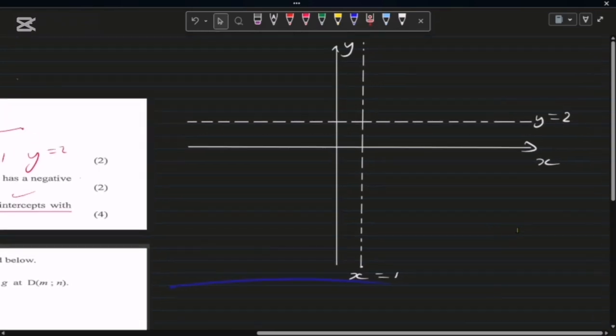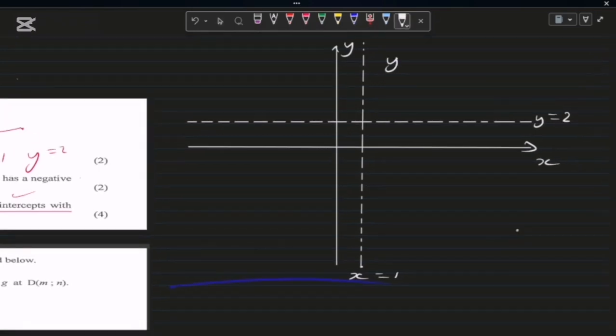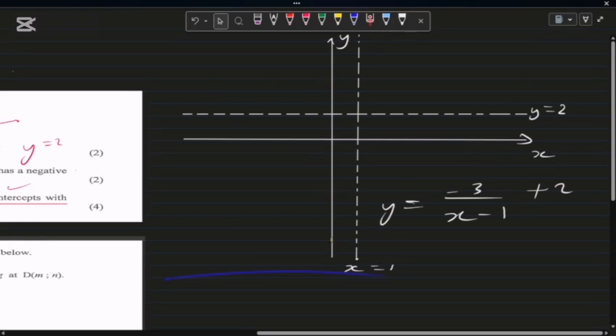Okay, so our equation is y is equal to -3 over x minus 1, plus 2. Okay, so let's start with the x-intercept first. So we make y to be 0.